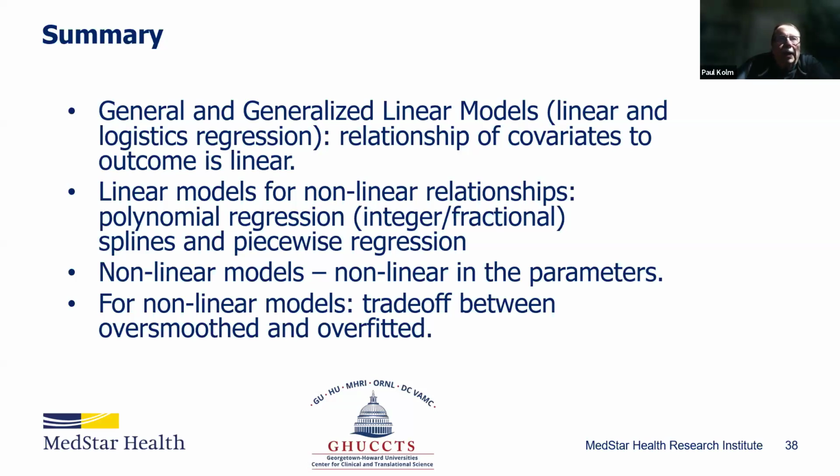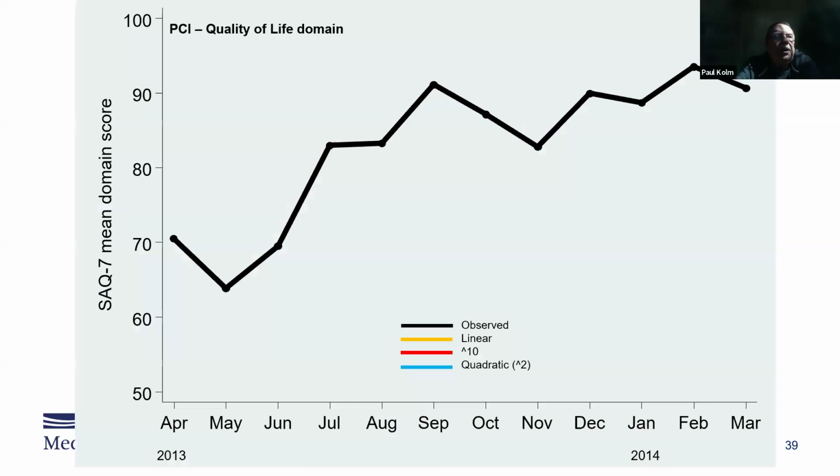When we do nonlinear modeling, regardless of whether we're using a linear model to describe a nonlinear relationship, we have a trade-off between what we call over-smoothed and over-fitted. I want to illustrate this by going back to the figure that we had in the beginning, where we had the means of quality of life over a 1 year period by month. Our observed here was, again, just connecting the means at each month, and we can see that we have this nonlinear looking relationship.